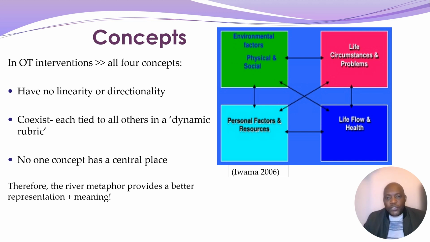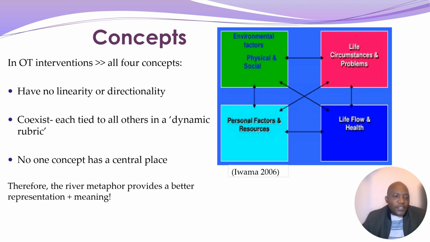So he tried to do that, and then realized that all the 4 concepts, they were actually linked to one another. So it becomes difficult to articulate the concepts by using a diagram like this.